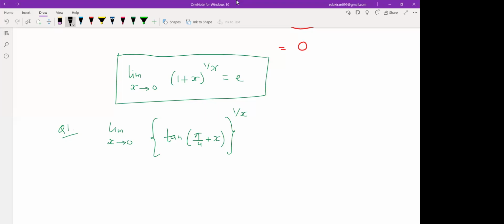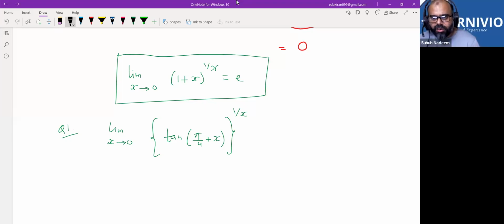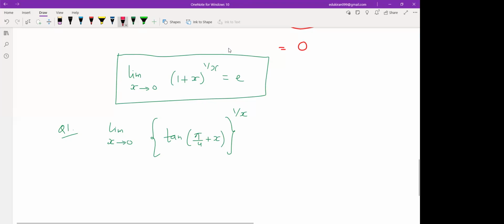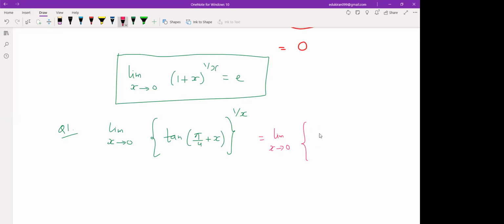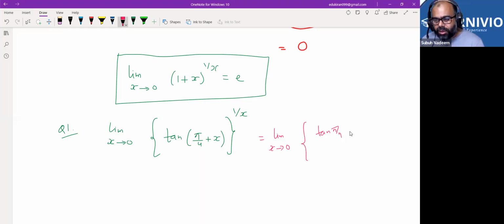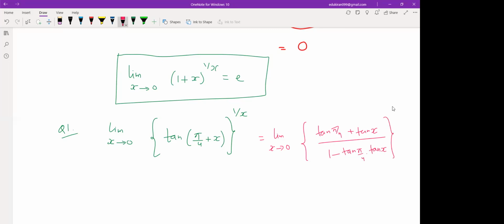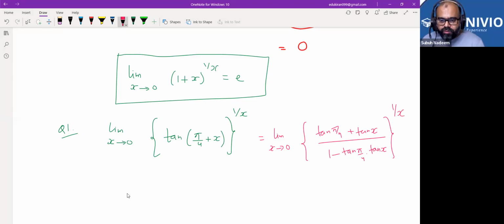Sir, should we use the formula of tan A plus B? Yeah. We don't say tan into A plus B, we say tan of A plus B. Yes, sir. So that will be tan of A plus tan of B by 1 minus tan of A into tan of B. And what is the value of tan pi by 4?